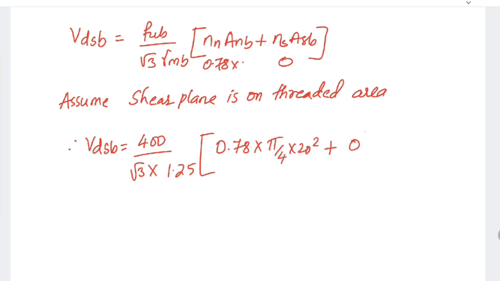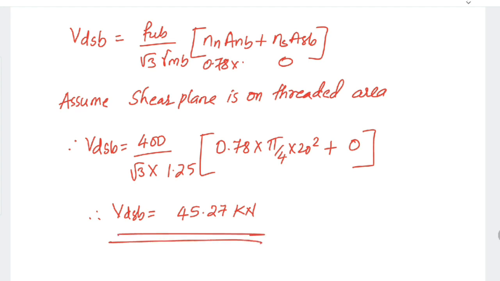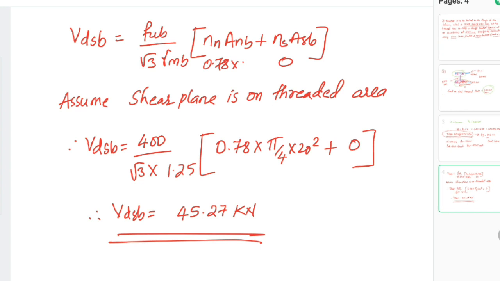A_sb is the shank area, there is no shear plane on the shank area, so keep it as 0. So when you calculate, you will be getting VDSB is equal to 45.27 kilonewton. Okay, so this is the first capacity of the bolt, that is shear capacity of the bolt.